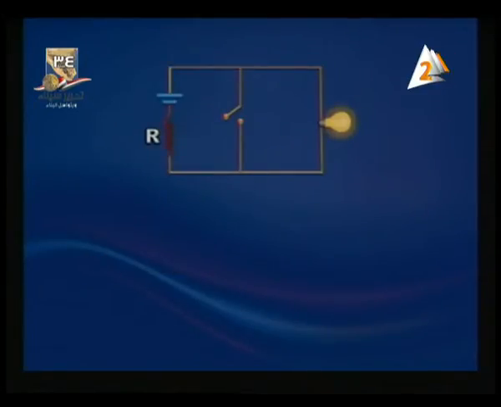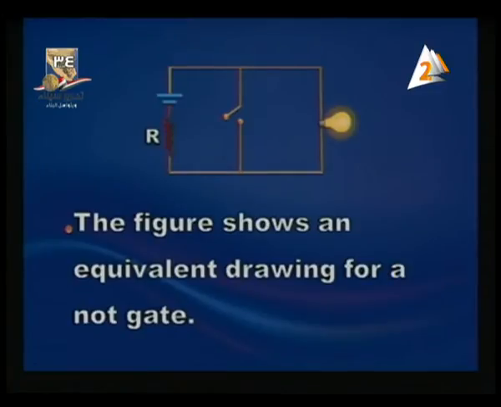And in front of you is the electrical equivalent: we've got a lamp, a bulb, a switch connected in parallel, and a battery. Right now, when the switch is open, the bulb lights. So the figure shows an equivalent drawing for a NOT gate.